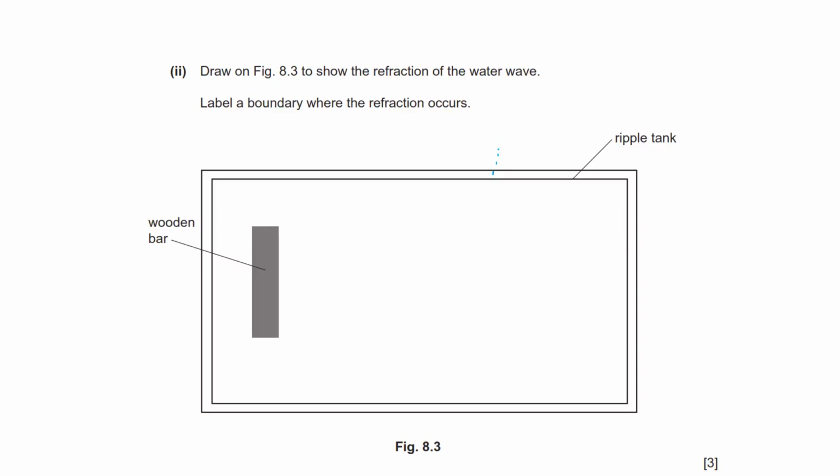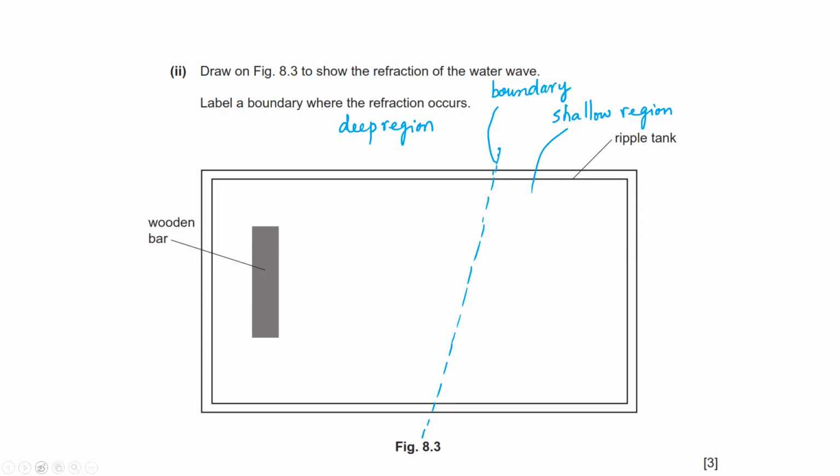Let's say this blue line is my boundary region. This is my shallow region. This is my deep region. And this is the boundary region.